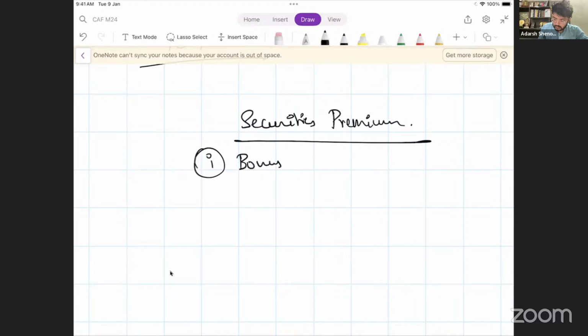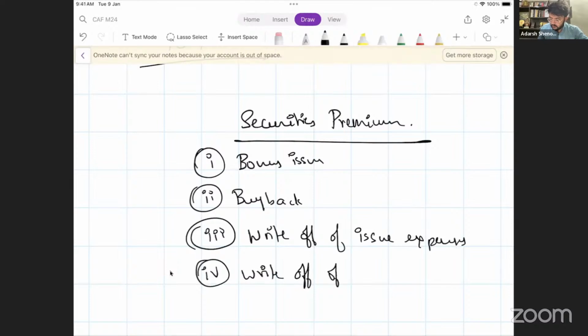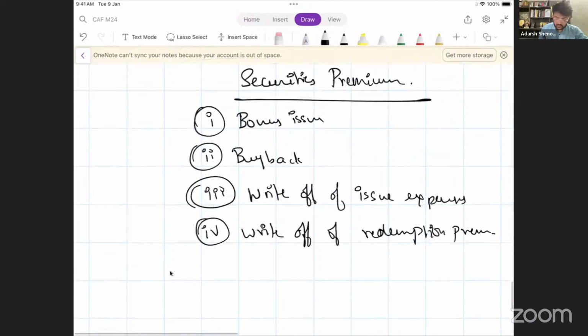bonus issue, buyback, a write-off of issue related expenses, a write-off of redemption premium of debentures and securities, and shares, securities.